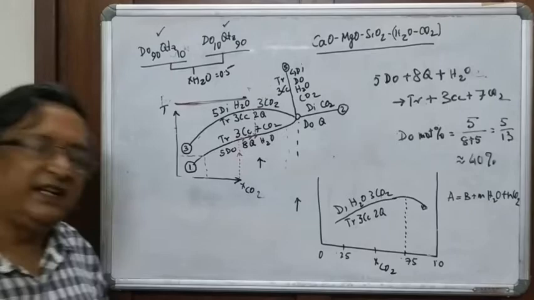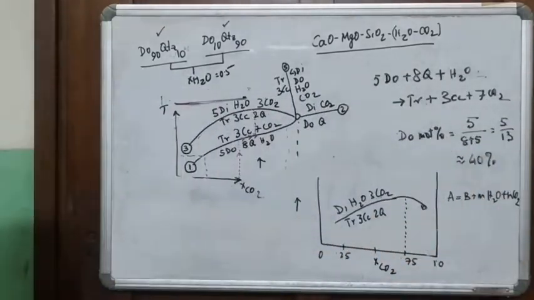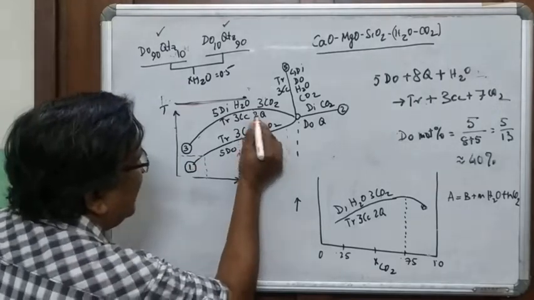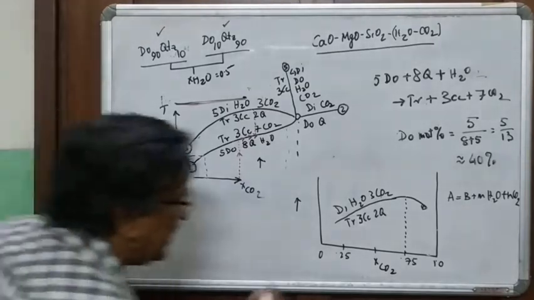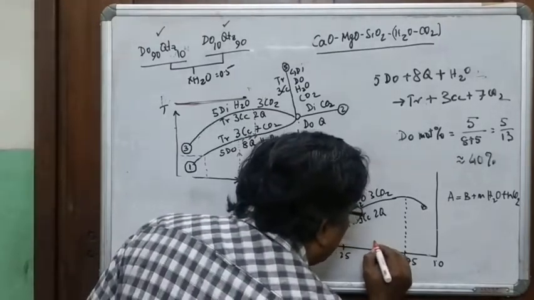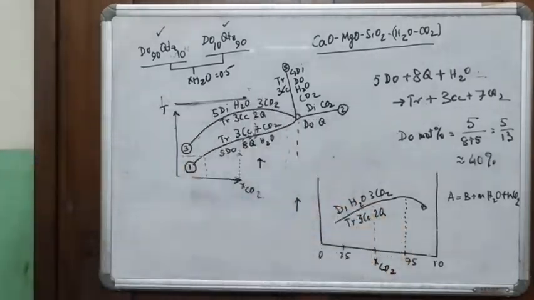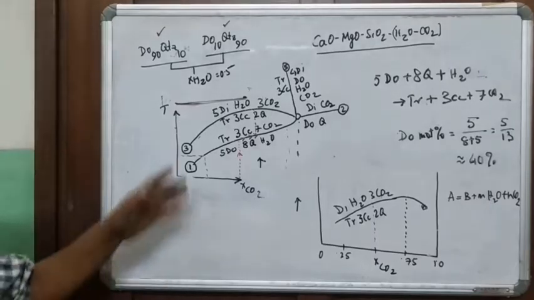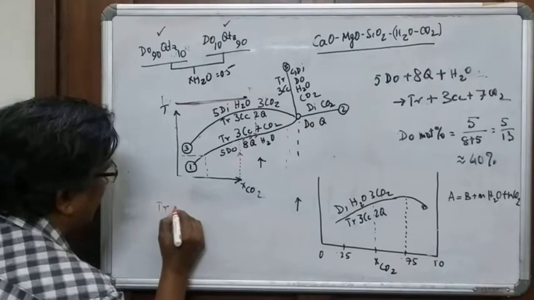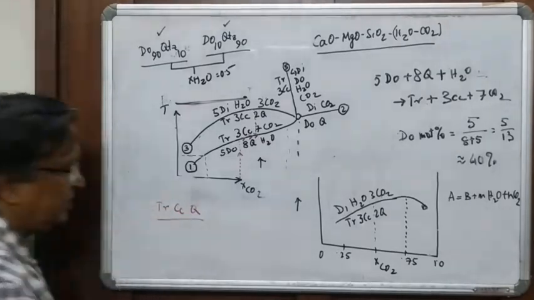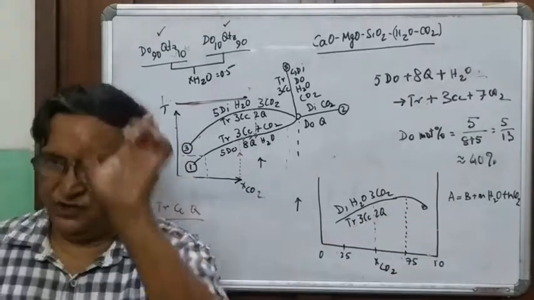Now you see something that is important, and this is very, very crucial. You imagine this red line. Let's say you start your red line from here. Have you understood? Remember, this reaction will operate if you have tremolite, calcite and quartz.